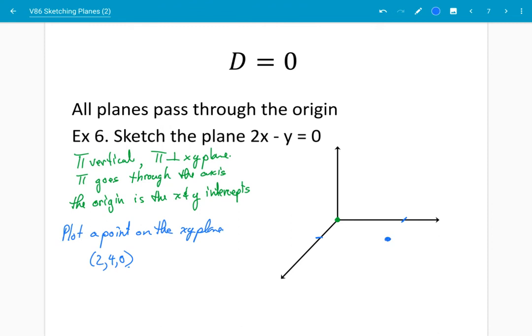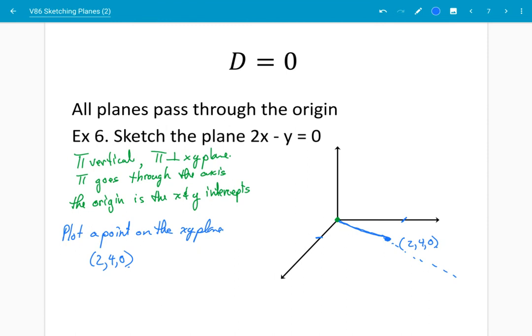I'm not labeling those tick marks because they're not part of the plane. Just using them to sort of judge the proportion. Okay, so the plane goes through the z-axis and cuts through the xy plane along this line. Of course, it doesn't stop there. It would continue on, right? It would continue on down this way, but we have to show edges.